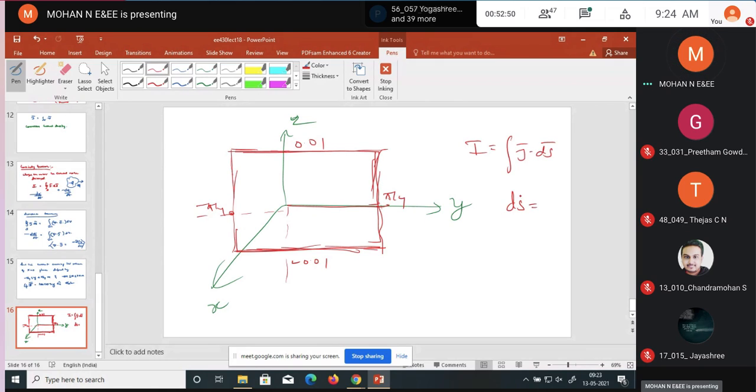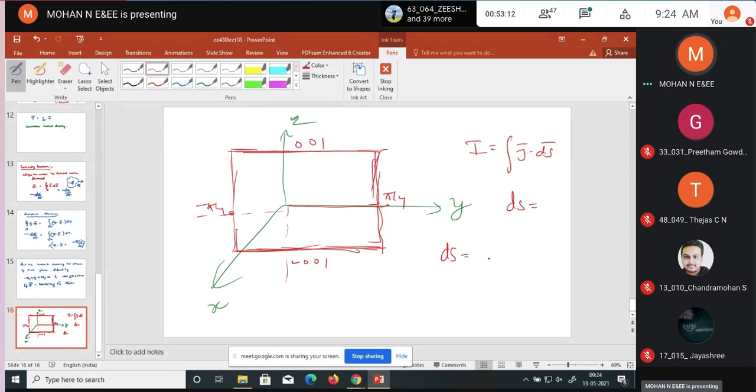What is ds here? So what are the coordinates of this plane? I think you have forgotten it, right? So how to find this area?